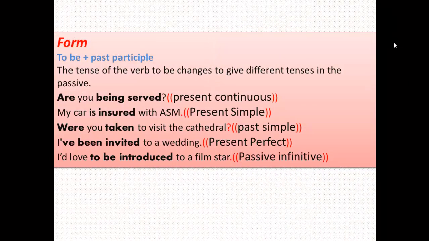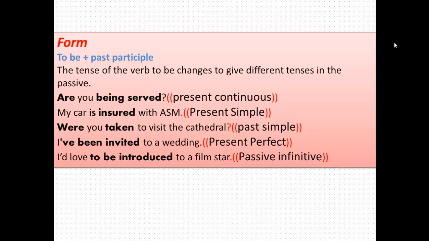So now let's begin with the form of the passive voice. In every sentence in the passive voice we have to put the verb to be and the past participle.